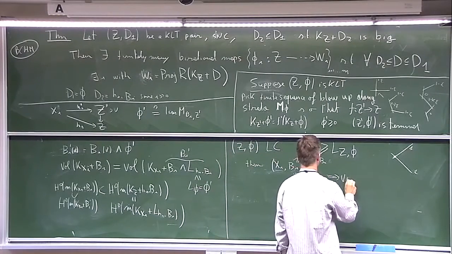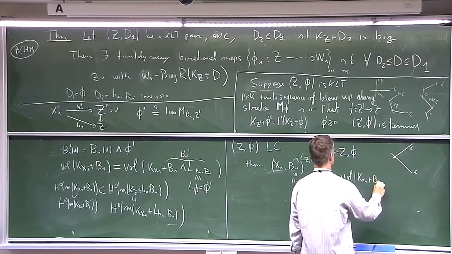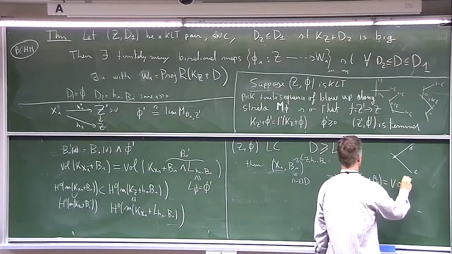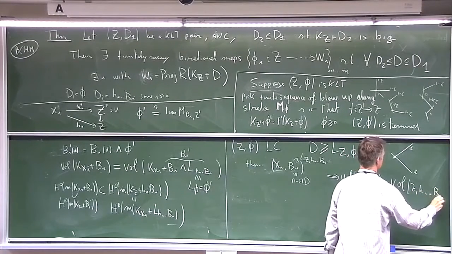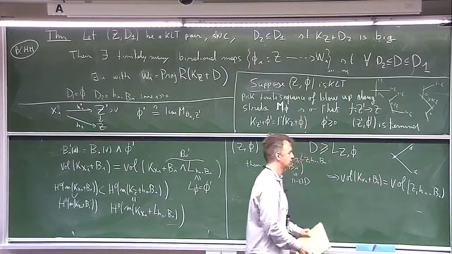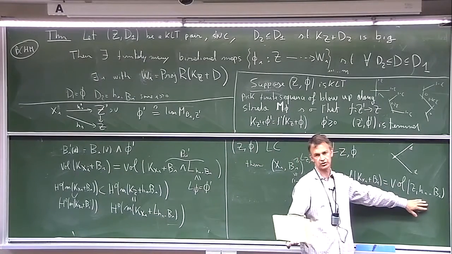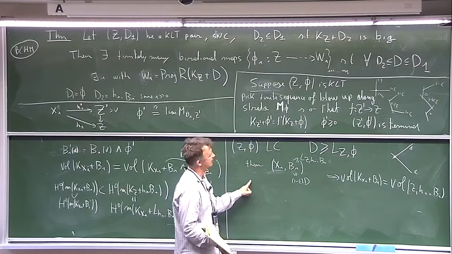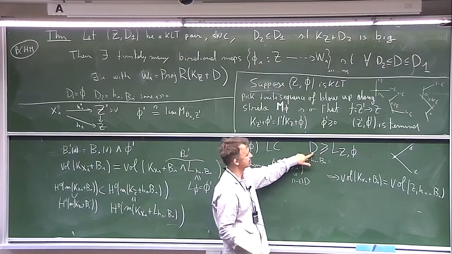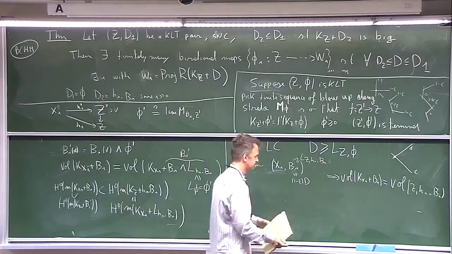That tells you that the volume of K_xi plus bi is actually equal to the volume of phi lower star of bi. And so your problem is now a problem on a fixed variety, and you're in good shape. So the problem is precisely when this limit, there is some valuation for which this limit is less than that quantity.